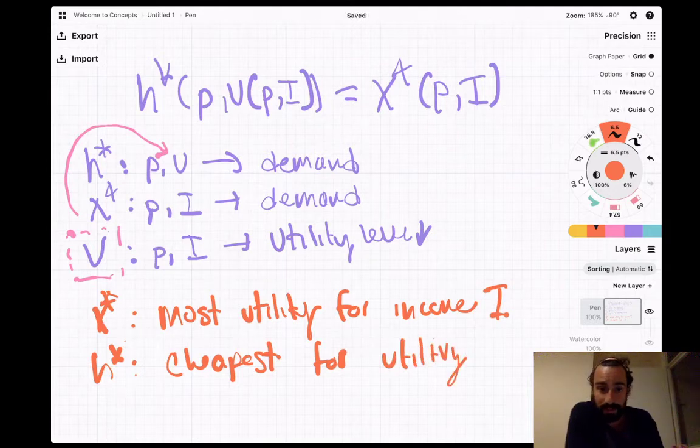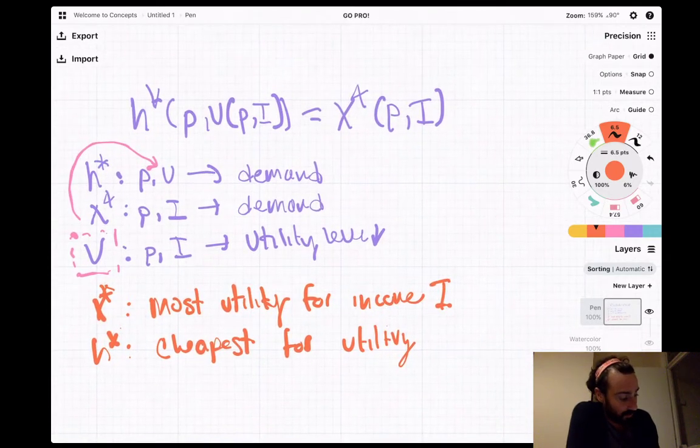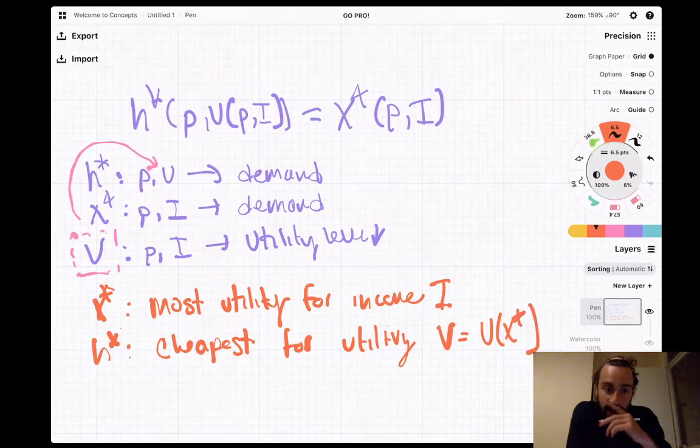Normally it would be the cheapest income for utility U, for some arbitrary utility. But here we're saying it's the cheapest for utility V, which is equal to U of X star, the utility associated with X star. So what we're saying is that the cheapest way to generate utility U of X star is X star itself.